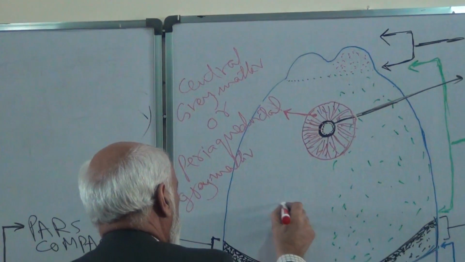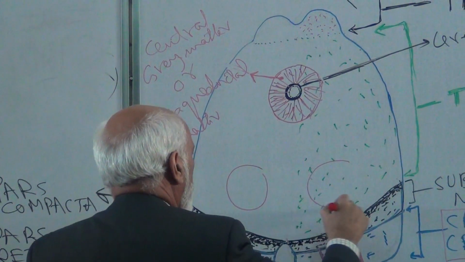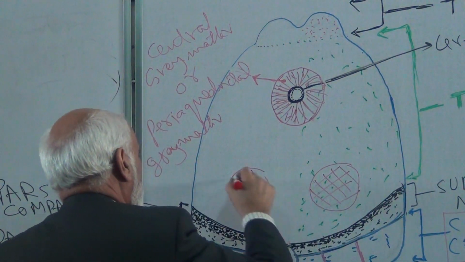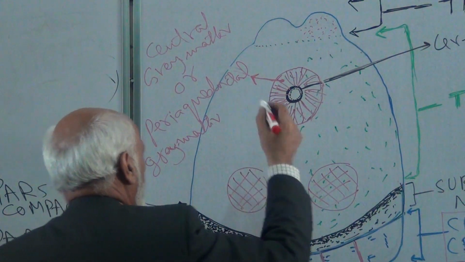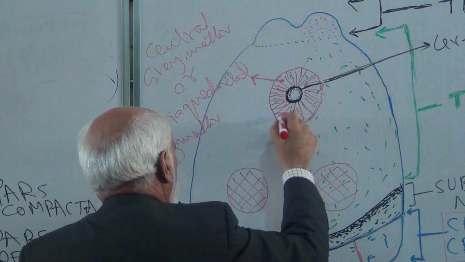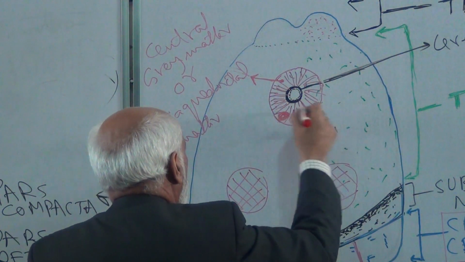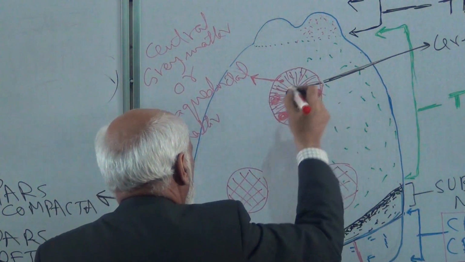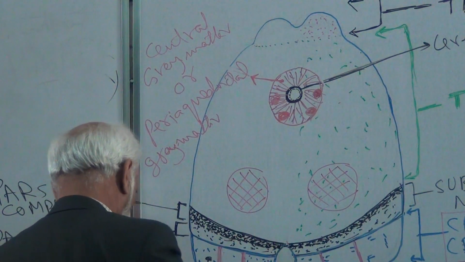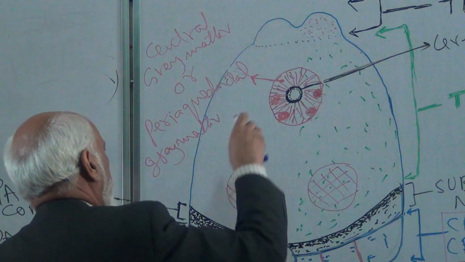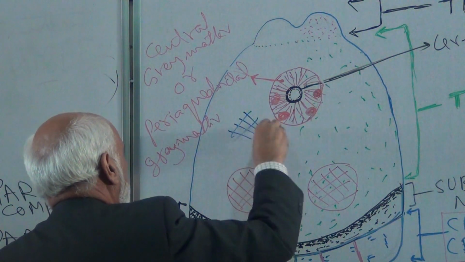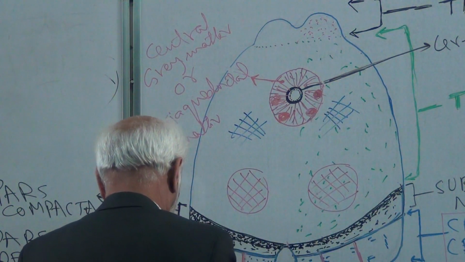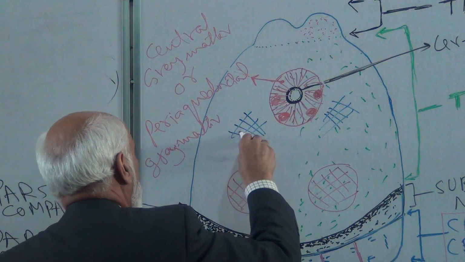For example, here there is a nucleus, a collection of neurons. For example, a nucleus here, another nucleus here. These we will discuss later on in detail. And there will be a reticular formation, a reticulum of nerve fibers. It's scattered gray matter.